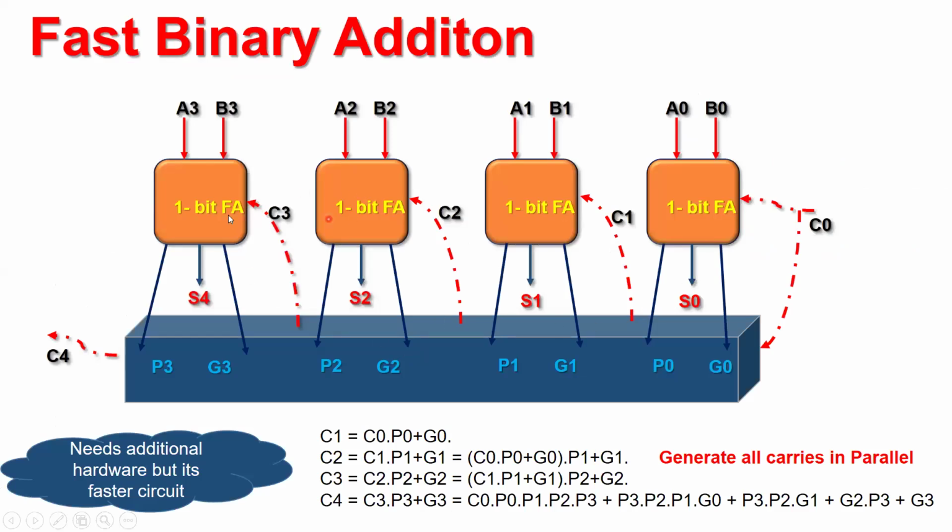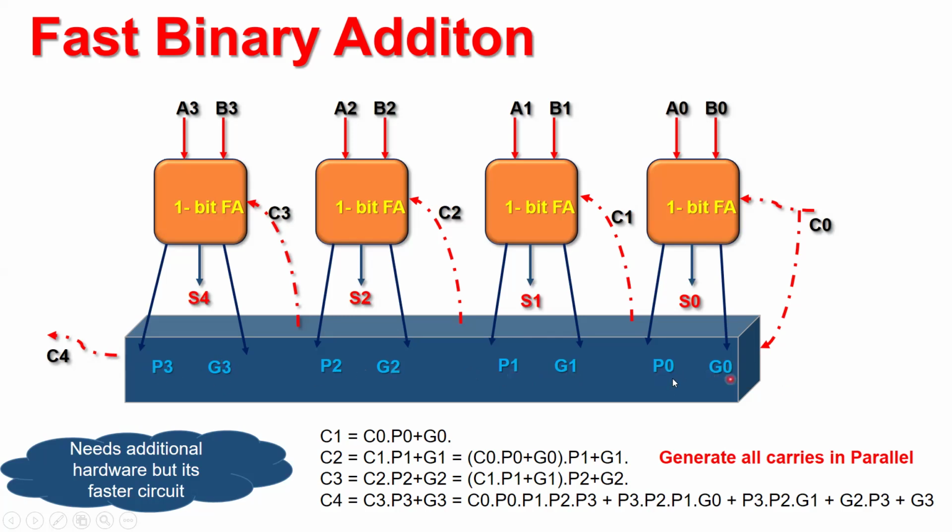So this is the architecture, in yellow, compared to the carry ripple adder. C naught goes in, then C1, C2, but you see there is a slight change. C1 is not coming from the 1-bit adder as in the previous schematic. Instead, we have this extra logic box here, which is computing two outputs, G naught, P naught, G1, P1, G2, P2, G3, P3.